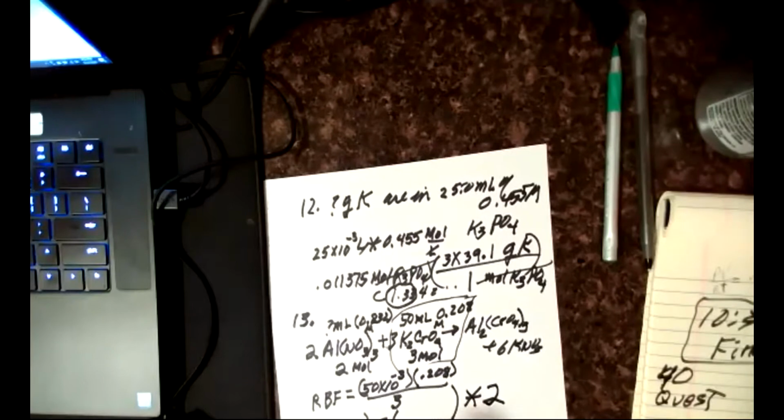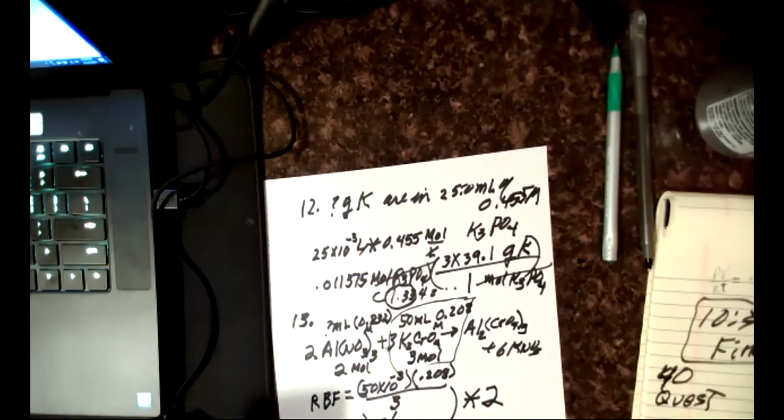So I can do this math, and then we'll complete the problem from there. So it's 50 with an exponent that's -3 times 0.208 divided by 3. That's my rebalancing factor, times 2. And I'm coming up with the number of moles is 0.006933, repeating decimal, moles of aluminum nitrate.